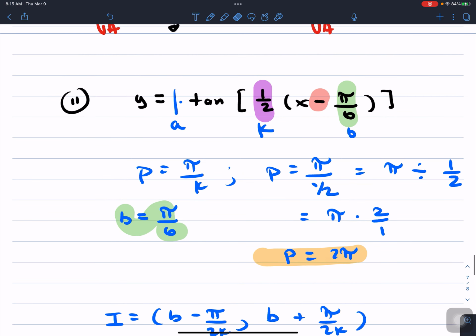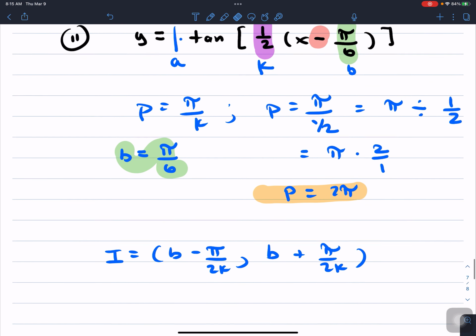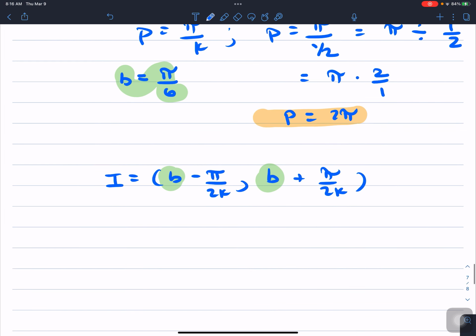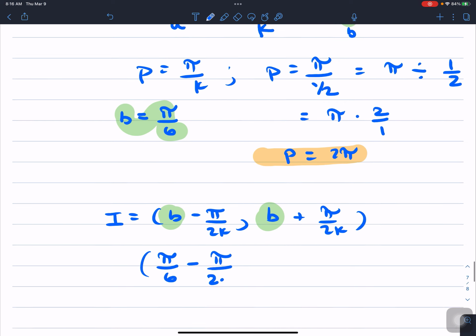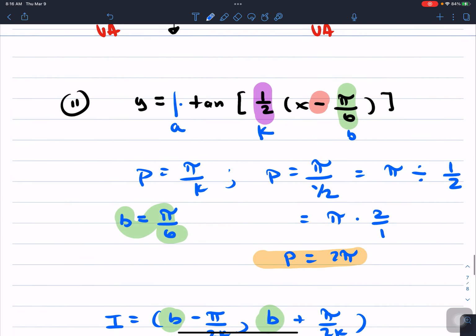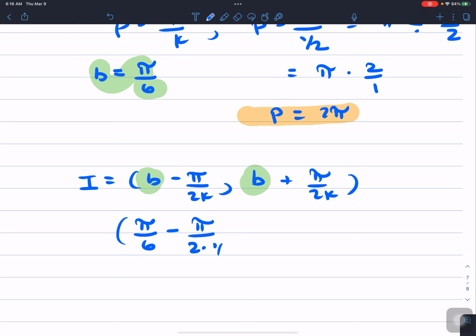But, okay, what's K? So in other words, you already know B. It goes right in here and here. So B is going to be what? That's pi over 6 minus pi over 2. What was K? K is what? Yes. So this is times 1/2. Pi over 6 plus pi over 2 times the K value.